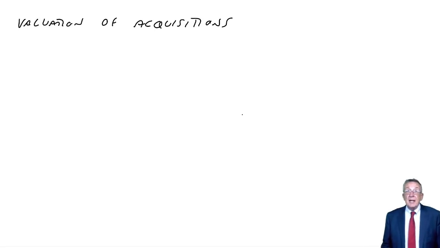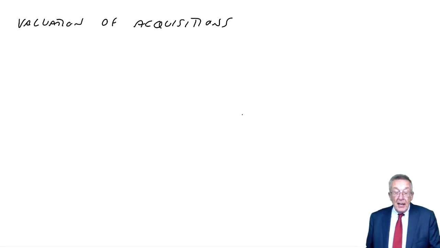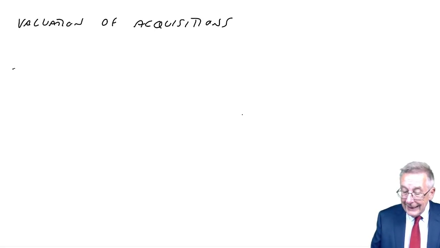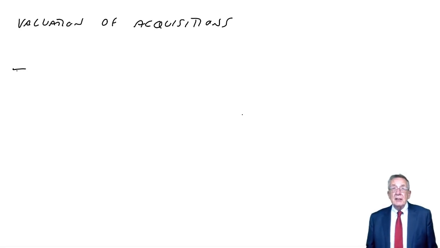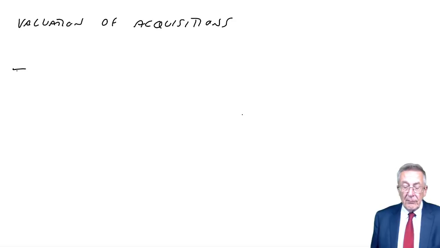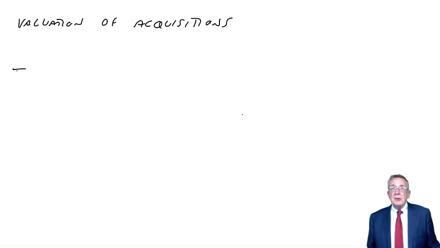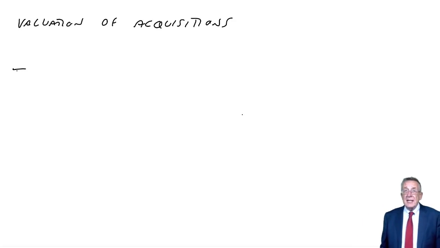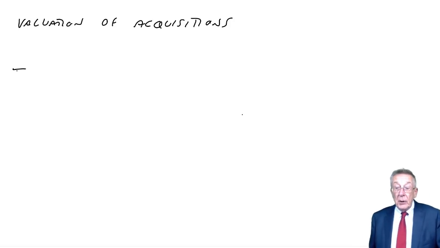Various ways you might attempt to value another company. First way, which I really don't want to spend many minutes on, for various reasons. Well, A, you should have seen it before in the earlier financial management exam. Secondly, it's rarely relevant in this exam. And thirdly, it's fairly common sense anyway.